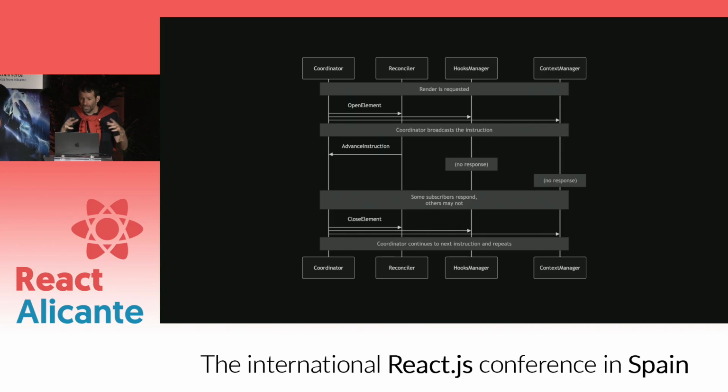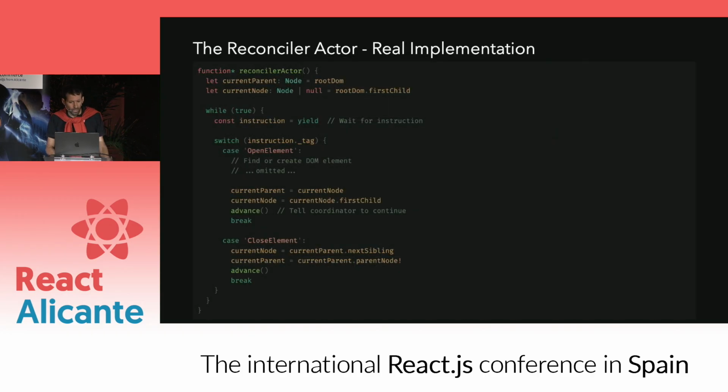So it's basically a really complex system, but it's built with very simple parts, because every single actor has a very specific responsibility. For example, the reconciler actor is very, very simple behind the scenes, because it basically diffs the real DOM with the instruction it receives, and when it receives an open element instruction, it will see if the current DOM element has that child or not.